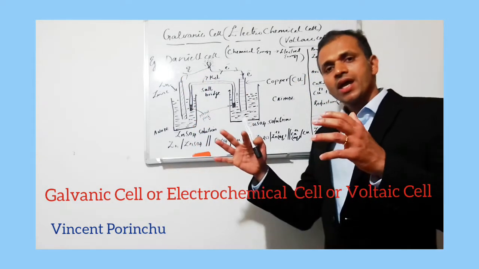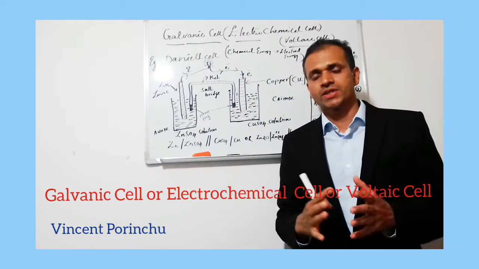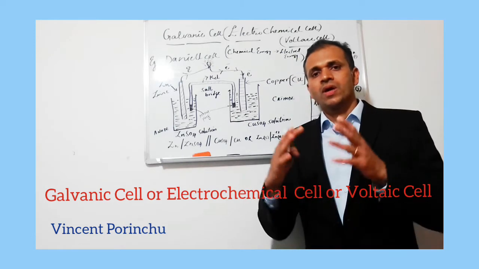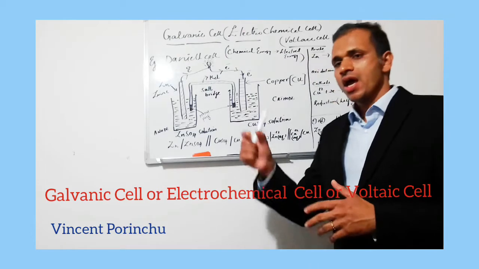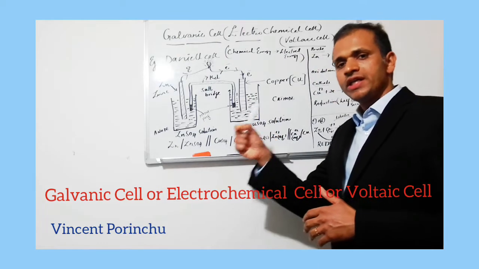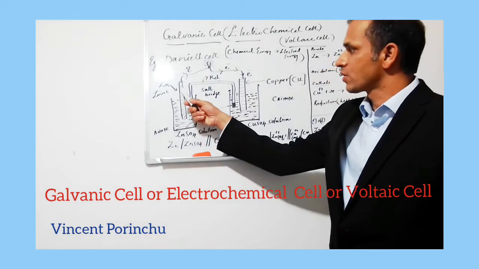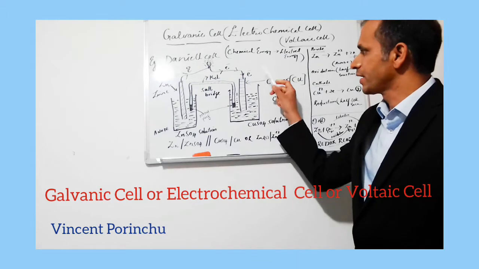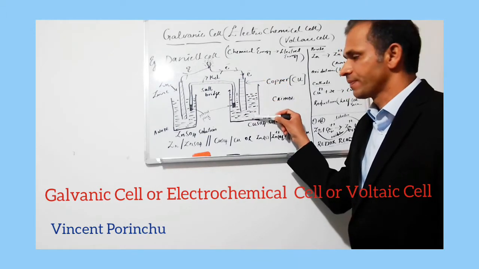A Daniell cell consists of two electrodes, an anode and a cathode. The anodic part contains a zinc rod dipped in zinc sulfate solution. And the cathodic part contains a copper rod dipped in copper sulfate solution.